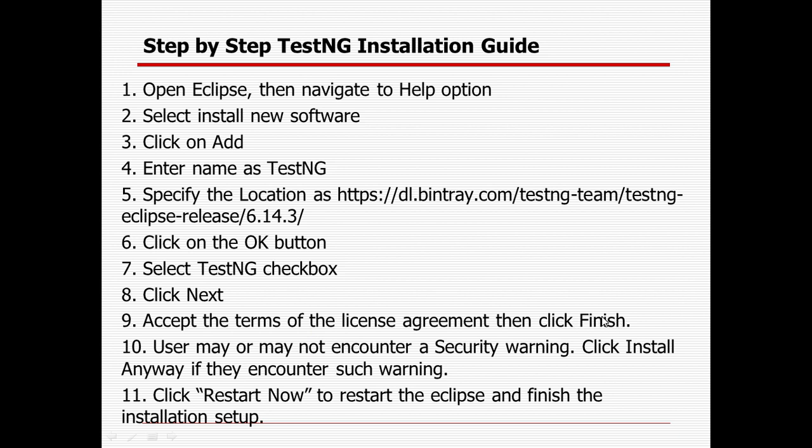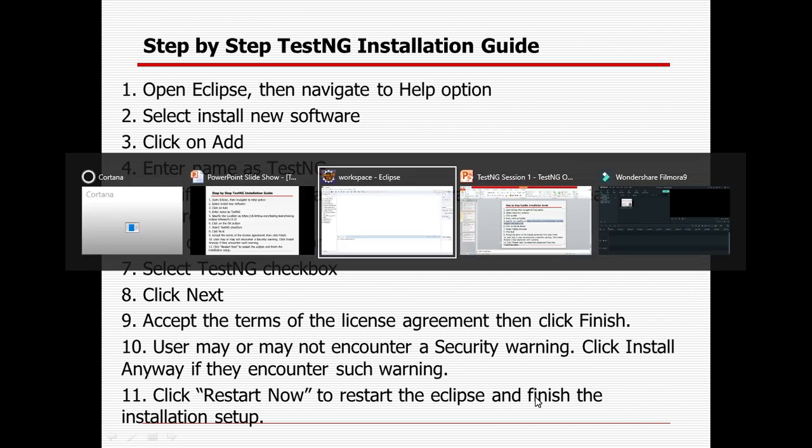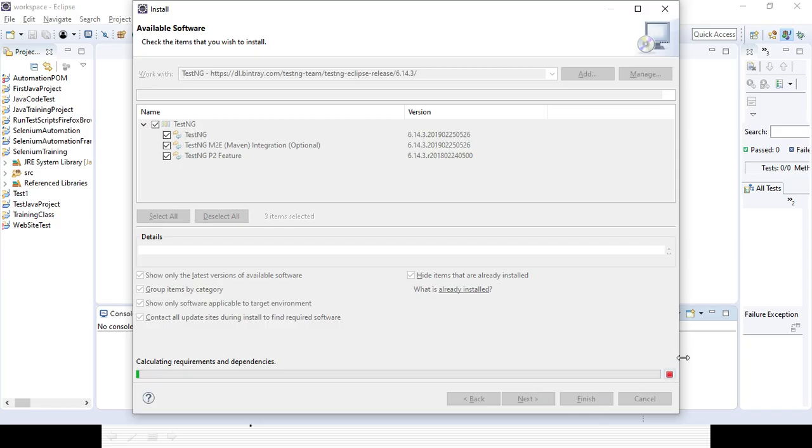Okay, so it will be completed. Sometimes you may encounter a security warning; if that comes, you need to click on Install Anyway. After that you need to restart Eclipse using the Restart Now button, so that TestNG will be installed in your Eclipse, right?